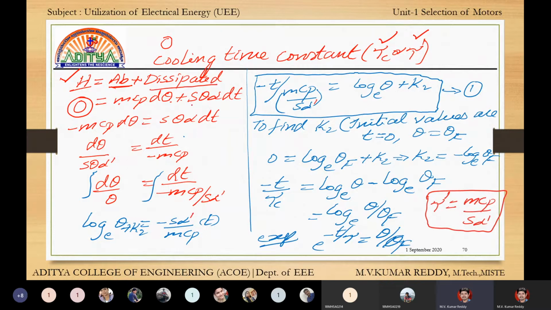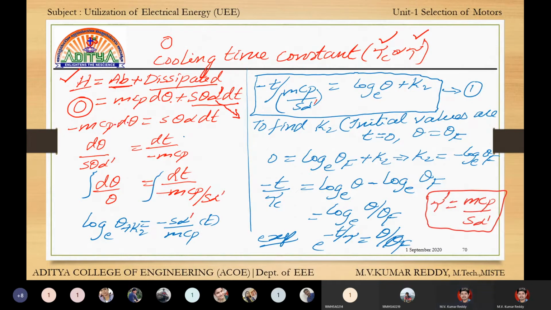Heat dissipated is equal to S theta alpha dash dt. Alpha dash is the cooling factor, and alpha is the heating factor.